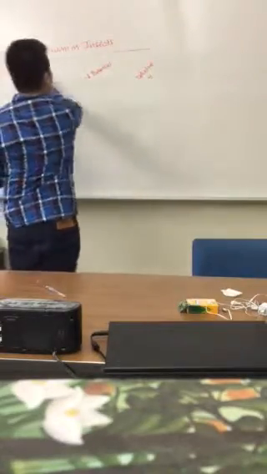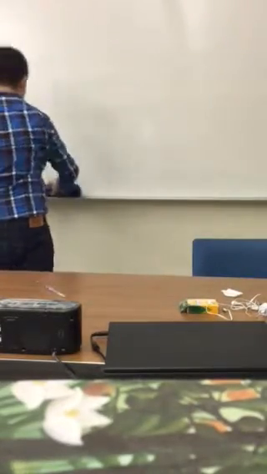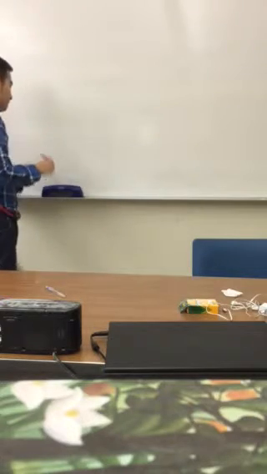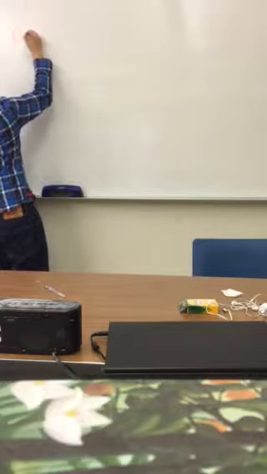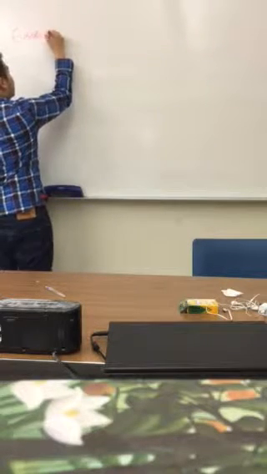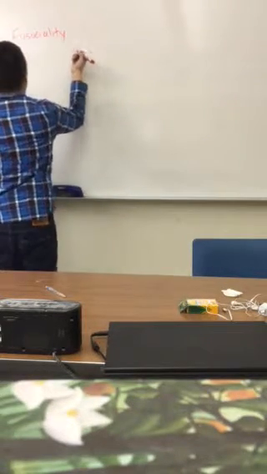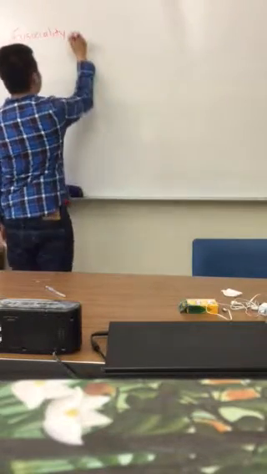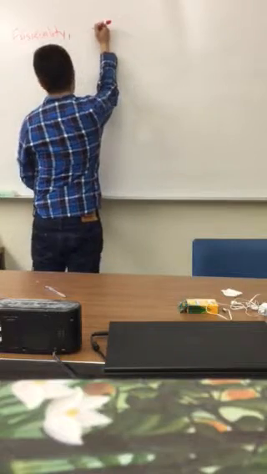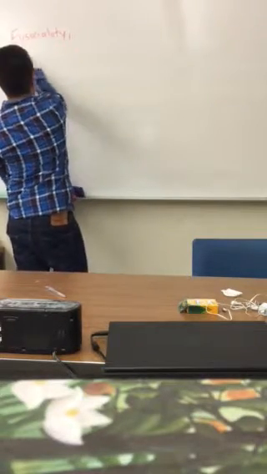My next topic will be about eusociality in insects. This is the one with the three requirements that we discussed before: brood parental care, overlapping generations, and reproductive caste.